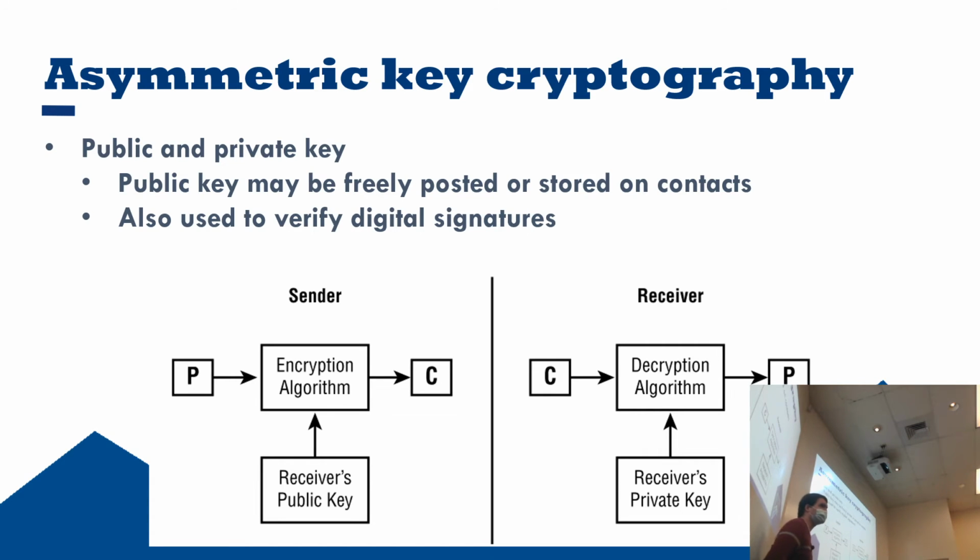Okay, and obviously they're not posting their private key, but they post their public key so that you can encrypt your messages using the public key and send it to them. Okay, and that's the main advantage. You have one public key, you can share it with anybody.